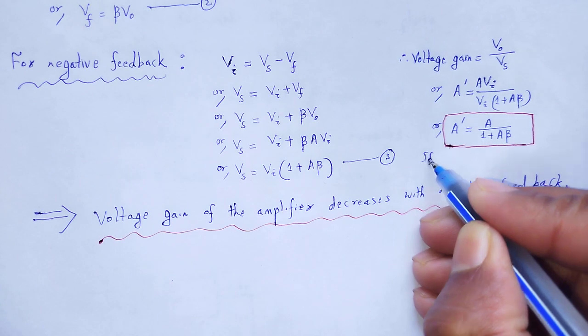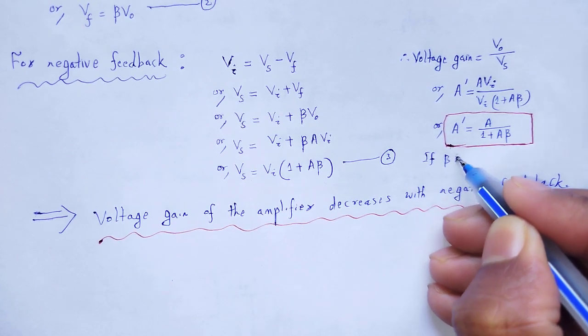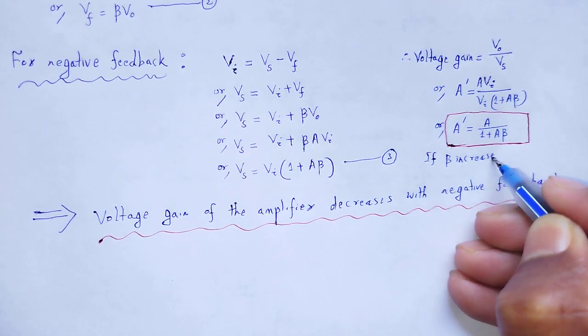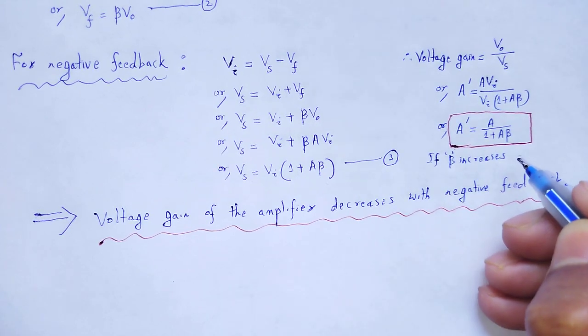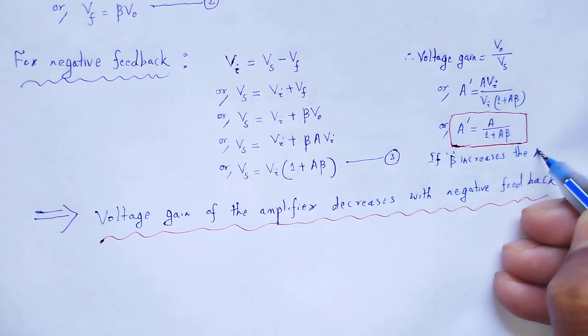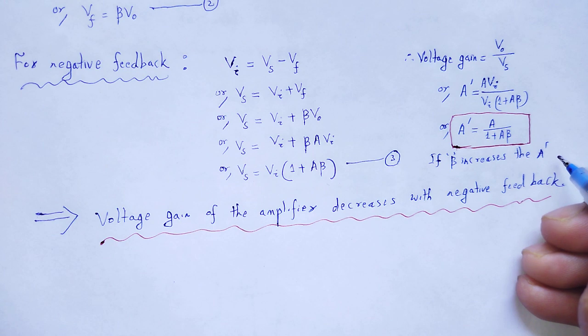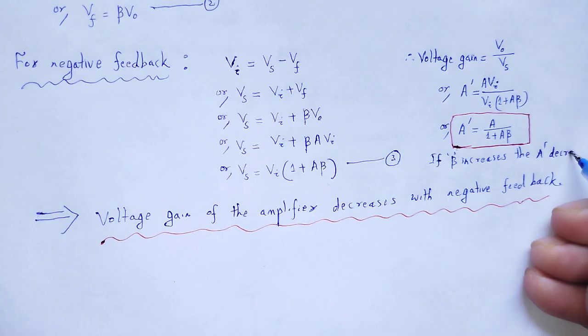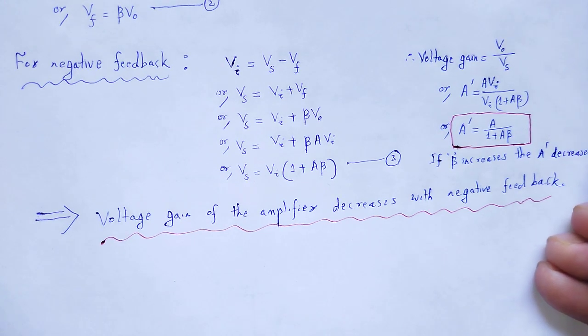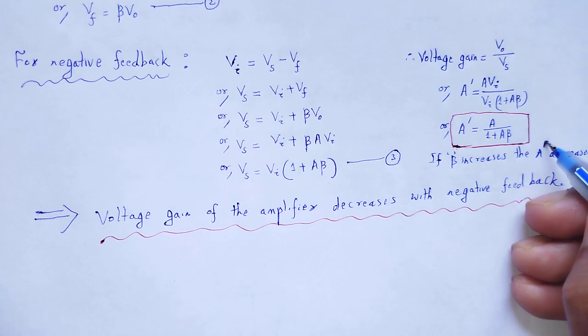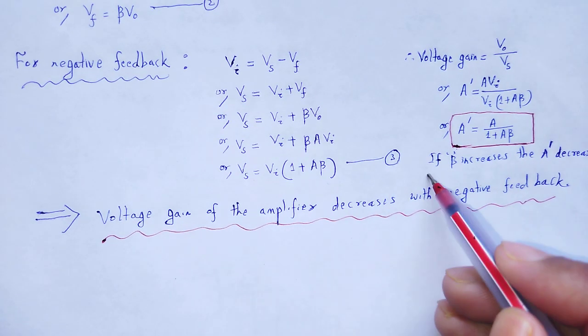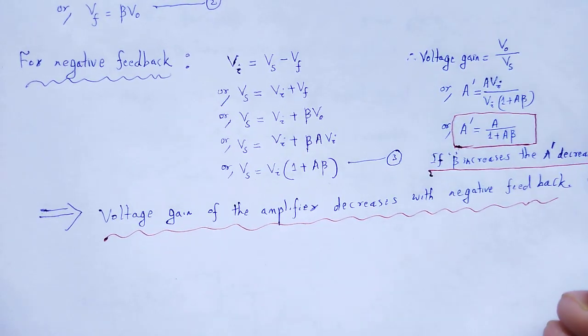Here we write, if beta increases, then A dash decreases. Beta increases, A dash decreases.